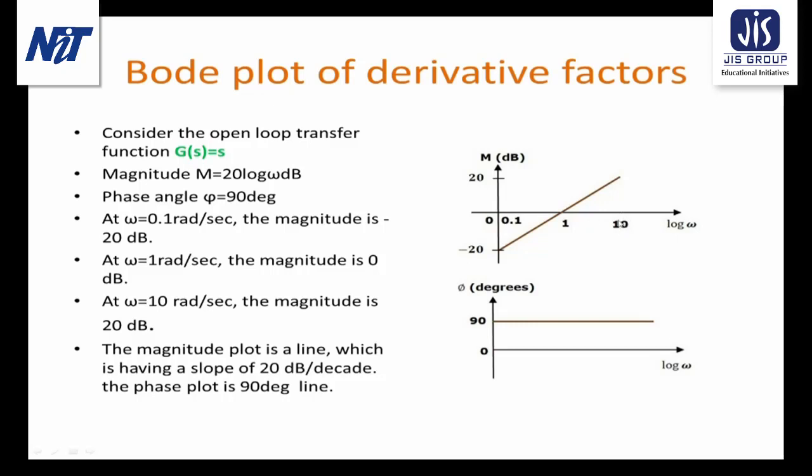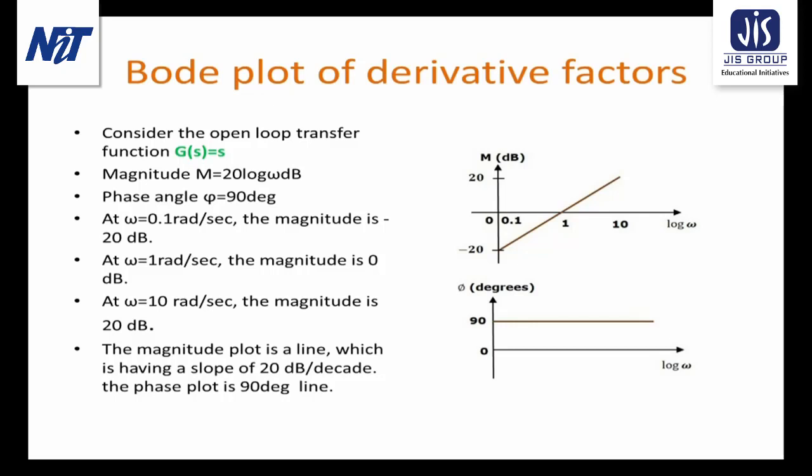So at 10, the magnitude is plus 20. Therefore, the plot is actually a straight line passing through 0 dB at 1 radian per second, and the slope is 20 dB per decade, and the phase plot is a horizontal straight line at 90 degree.